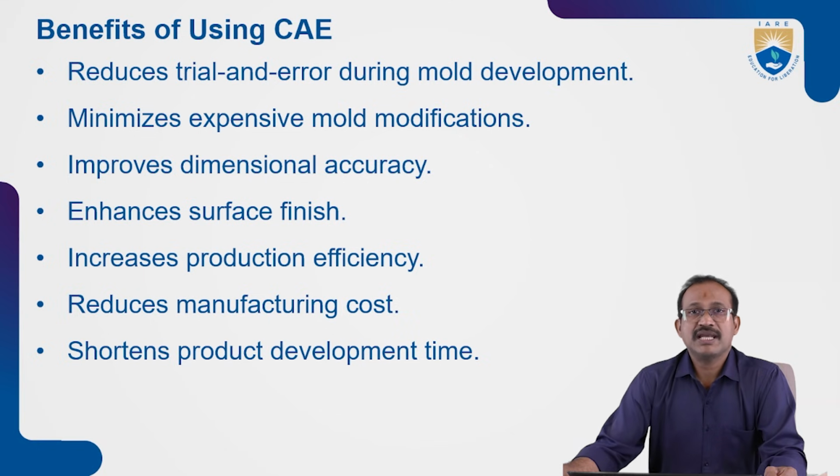So within less time more products will be produced. Reduces manufacturing costs. Obviously we are making the products in less time and with efficient use of material, so the cost of manufacturing will be reduced.